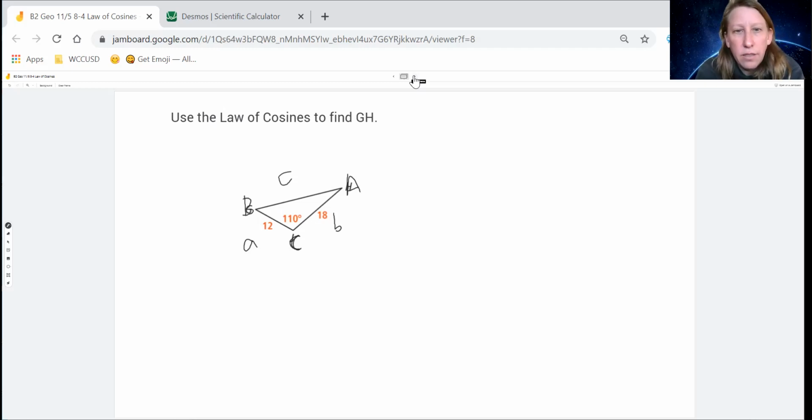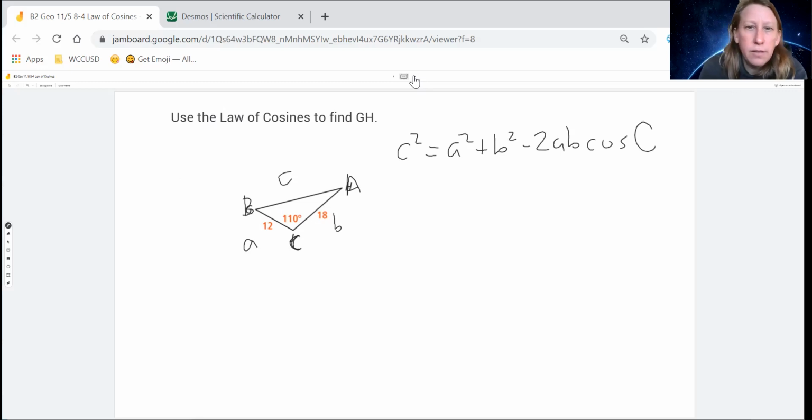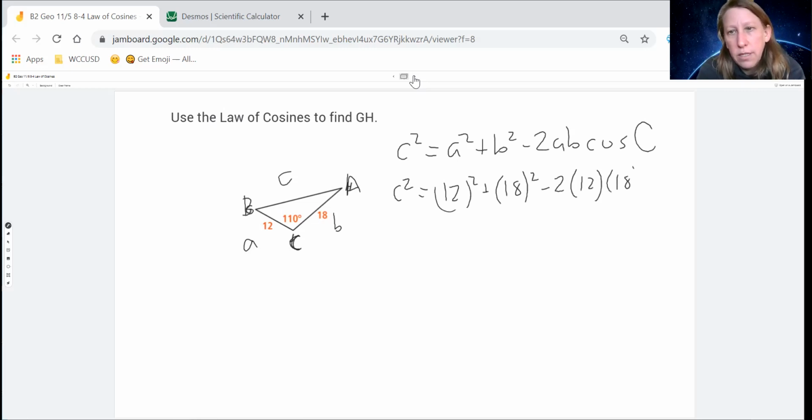And it's C squared equals A squared plus B squared minus 2AB times the cosine of C. C squared equals 12 squared plus 18 squared minus 2 times 12 times 18 times the cosine of a 110-degree angle. Also not going to be on our table, right? Okay, but it is on a calculator.